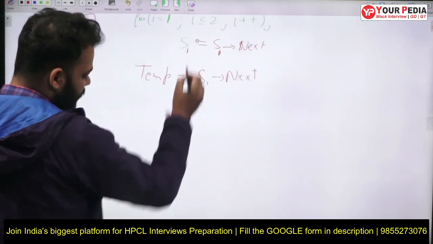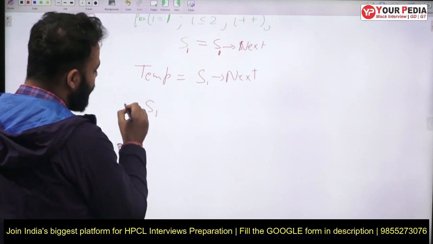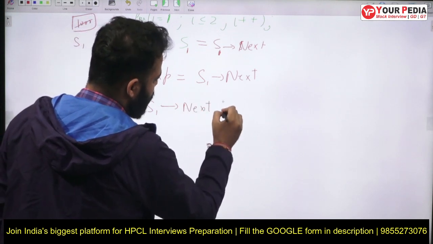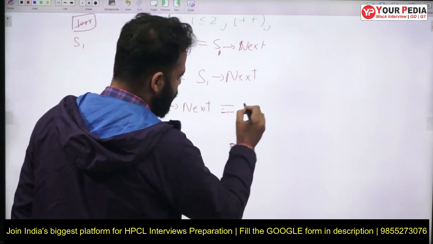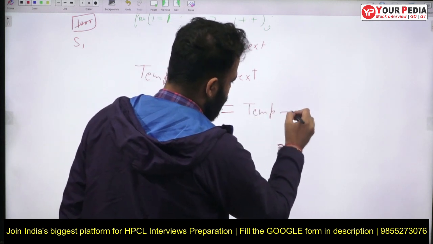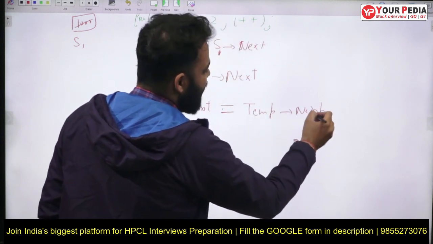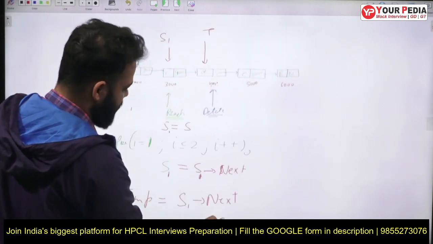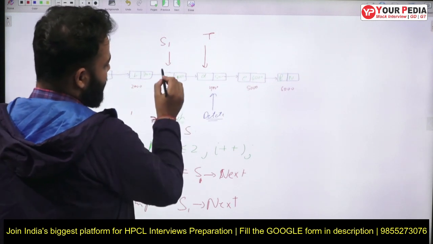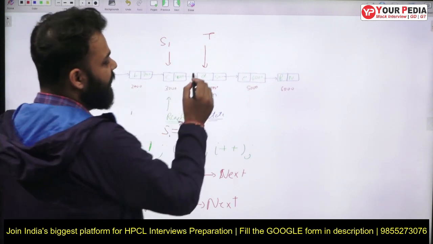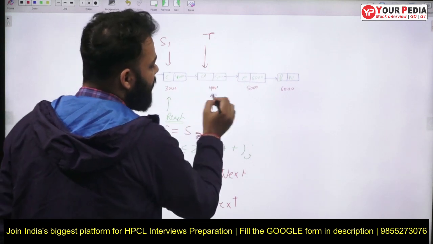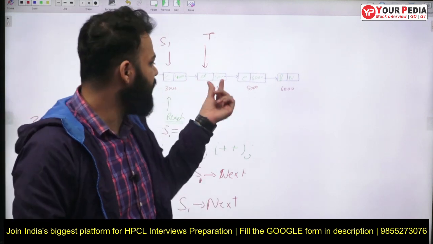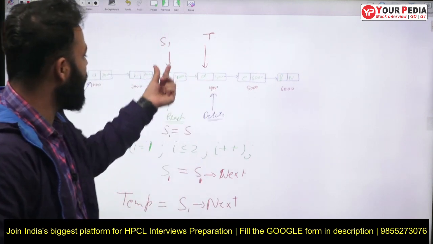So in order to do that, the first step is we will put the value of temporary next in the S1 next. What we have done is, in the next of S1, we have inserted the value of T of next. So what is T of next? T is 4000, and the next of T is 5000.